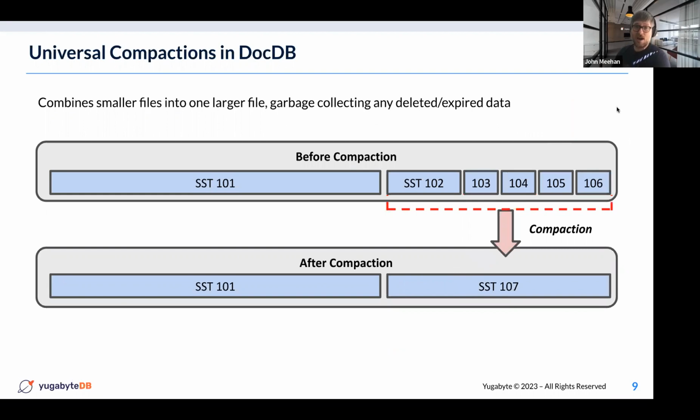And similarly, compactions are also used to then compact those slightly larger files into even bigger files, again, to improve our read performance and also to do garbage collecting of any deleted or expired data during the compaction process.